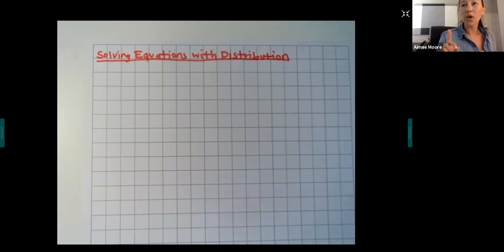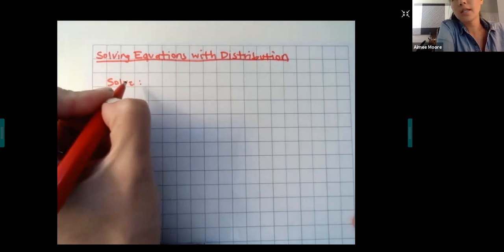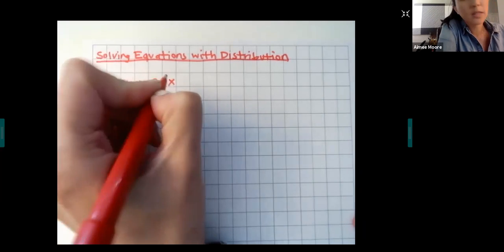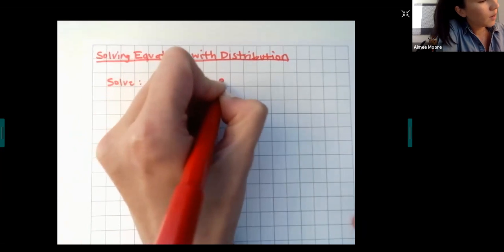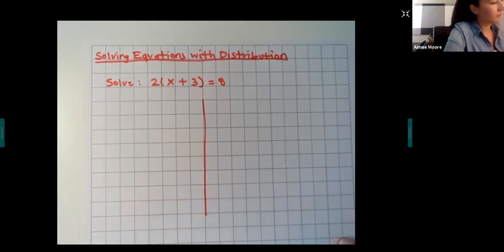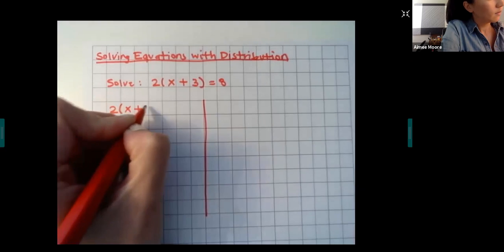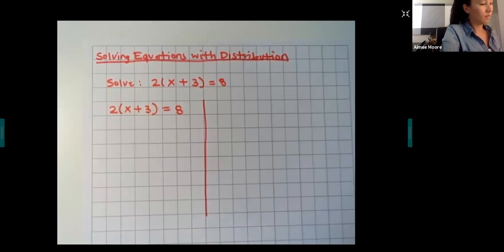So we're literally just adding one step to what you just did, and that's just multiplying. So when we have distribution, it's going to look like this. 2 times (x plus 3) equals 8. So step 1 is the only new thing, which is we have to get rid of parentheses.